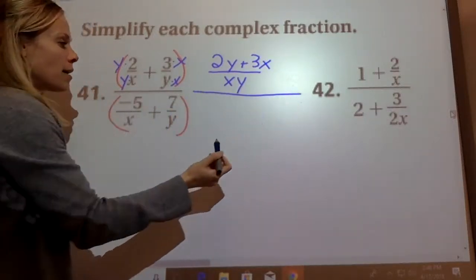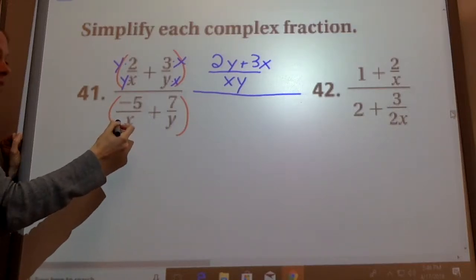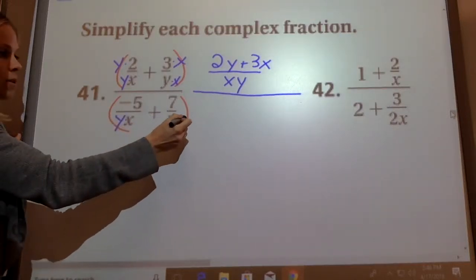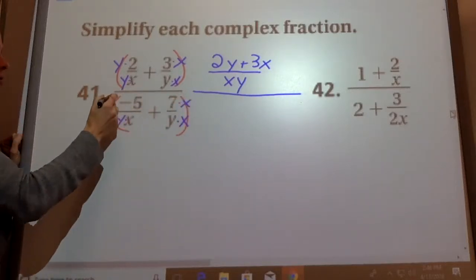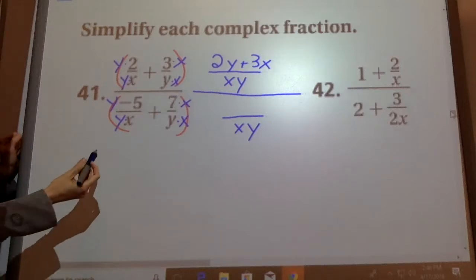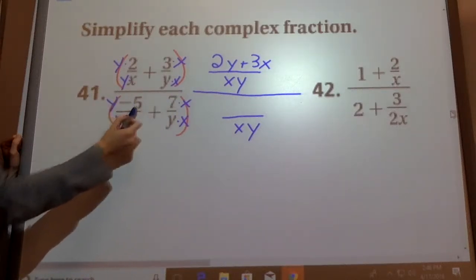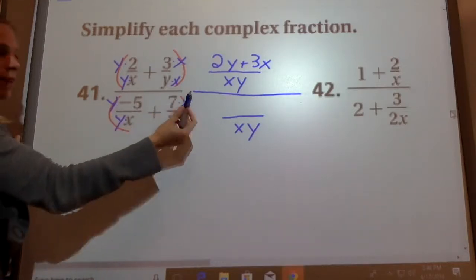And then I look at the bottom, what's going to be my common denominator here? xy again. So I multiply by y, I multiply by x. So make sure you do it to the tops. I know my denominator is going to be xy. And then I have to add the tops together. So negative 5y plus 7x.